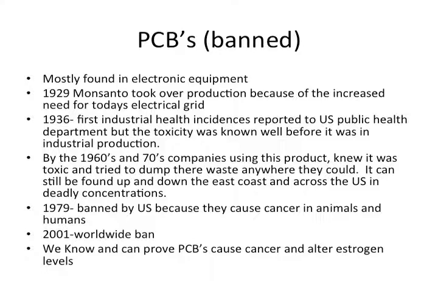So they start dumping it in rivers, in streams, in the ditches. There's one report where they're taking a pumper truck down a gravel road and just pumping it into the ditch because they want to get rid of it before the government bans it and says you've got to pay to get rid of this stuff. And even today, you can drive down some of the East Coast and find deadly concentrations of this stuff.